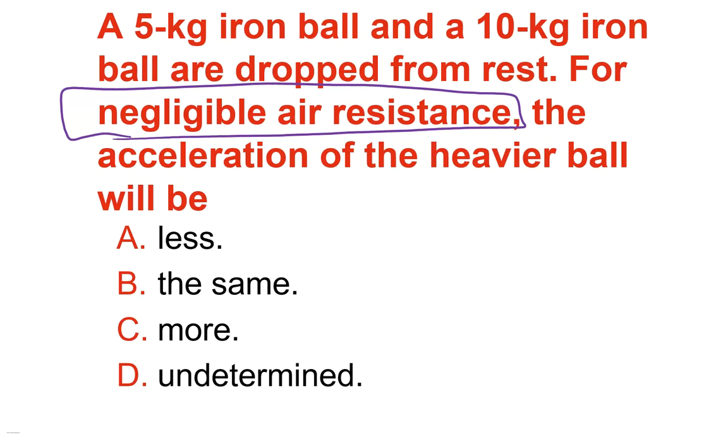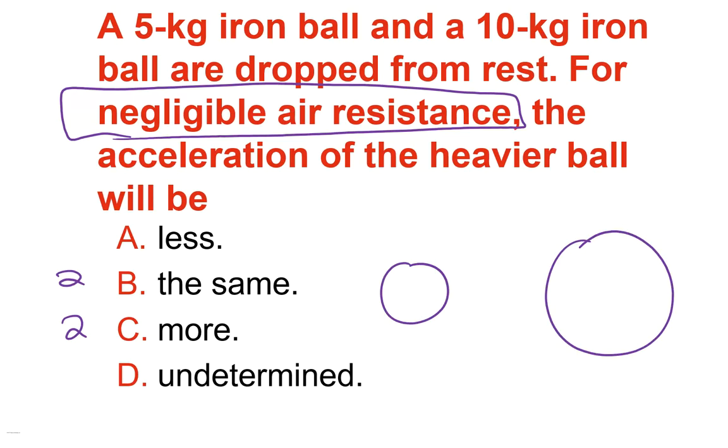Okay. It doesn't look like we're going to get the 5th person to answer, so I'm going to go on at this point. We had 2 people who said the same and 2 people who said more. So we're equal, and we have to clear this up. Here's one iron ball. Here's another iron ball.